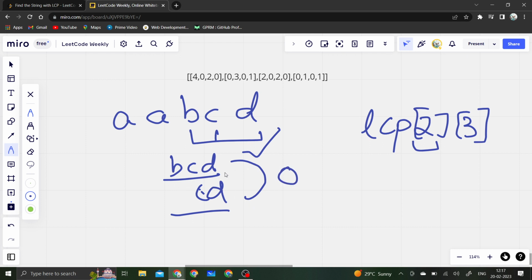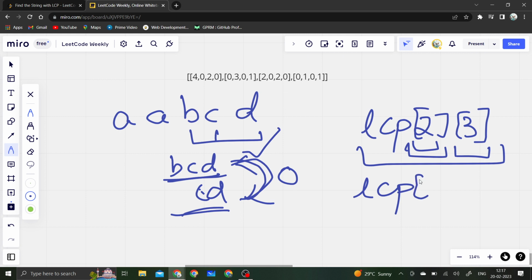But I hope you get the idea that we take these two strings this way. We cut the string from the second index and we cut the string from the third index. So we get two different substrings. And this LCP of 2 comma 3 just represents the longest common prefix that we can get. Let's say we talked about LCP of 0 comma 1. In that case, what string would we have got?